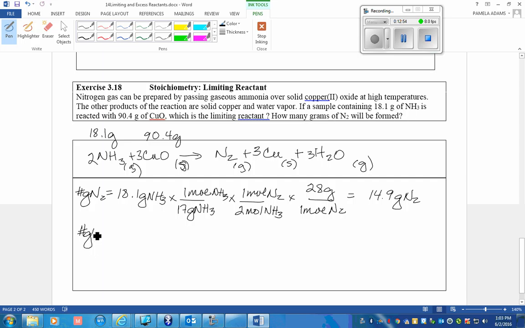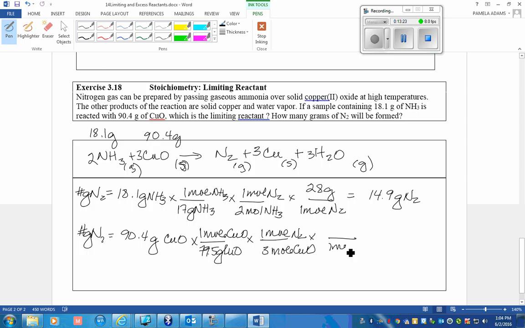The amount of nitrogen that can be made with the 90.4 grams of copper II oxide depends on its molar mass, 79.5 grams of copper II oxide in 1 mole of copper II oxide. 3 moles of copper II oxide is equivalent to 1 mole of N2, and 1 mole of N2 has a molar mass of 28 grams, and I can make 10.6 grams of N2 using all of the copper II oxide.